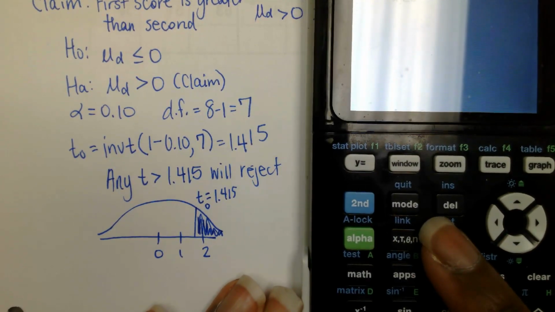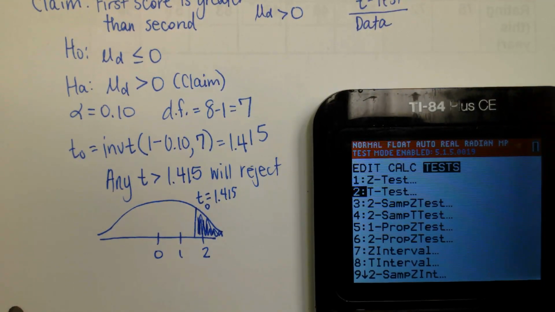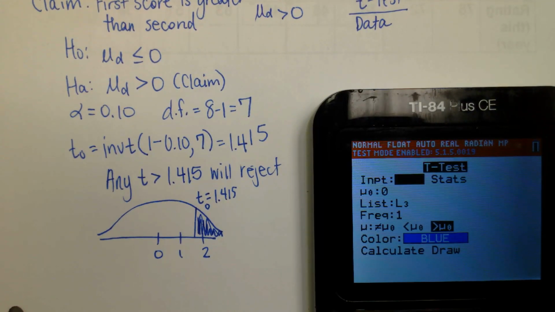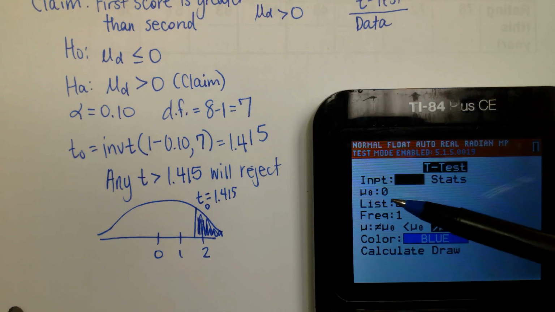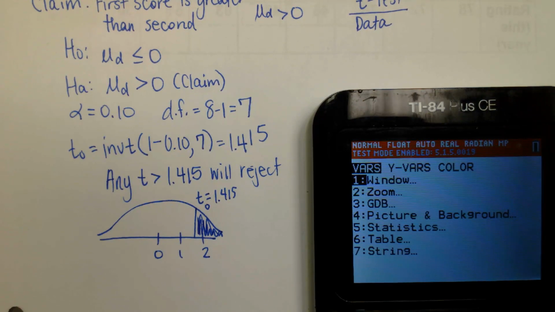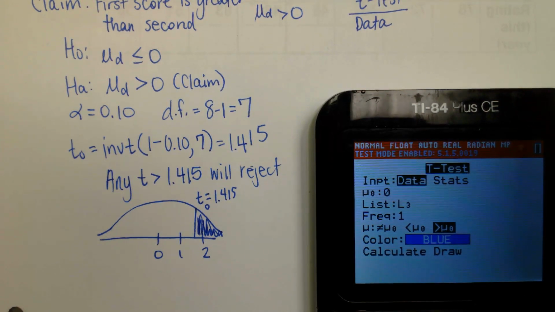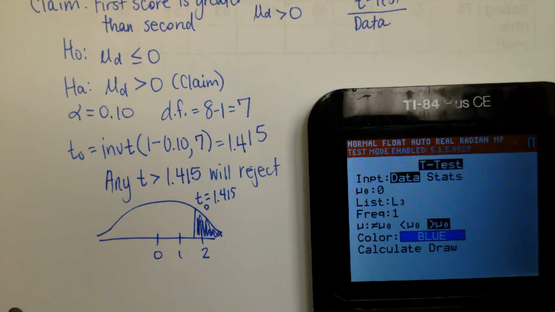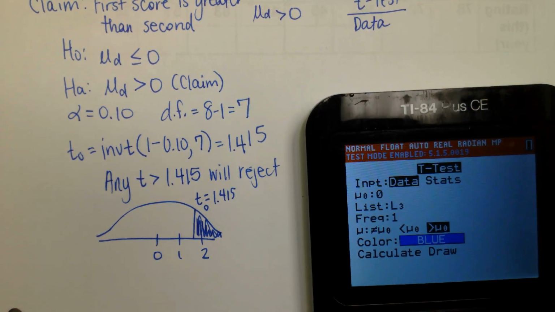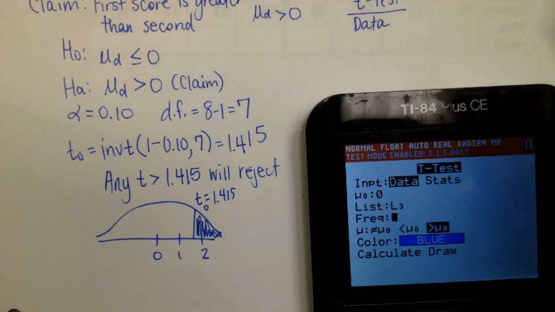I'm going to go stat, over to test, my t-test, data. This is our hypothesized mean of 0. Our list, it's going to be L3, so second number 3. Sorry, I have it down low so you can see it without the glare. Second number 3. My HA, I need to make sure it matches.